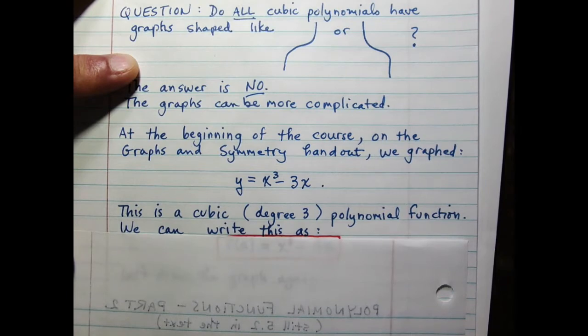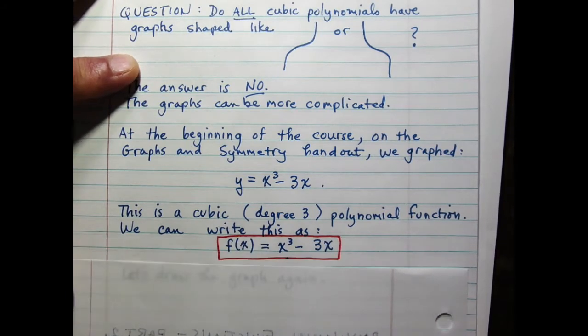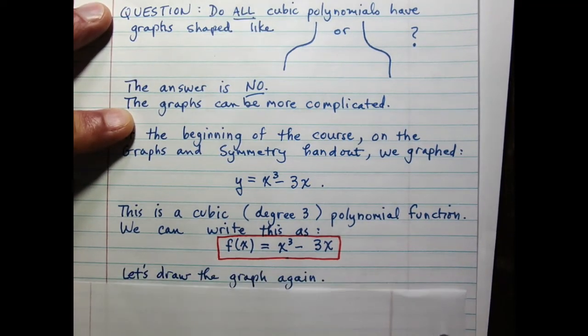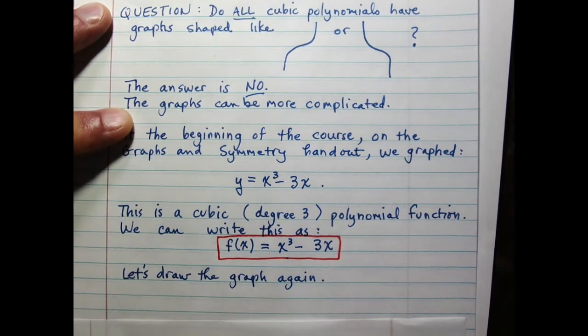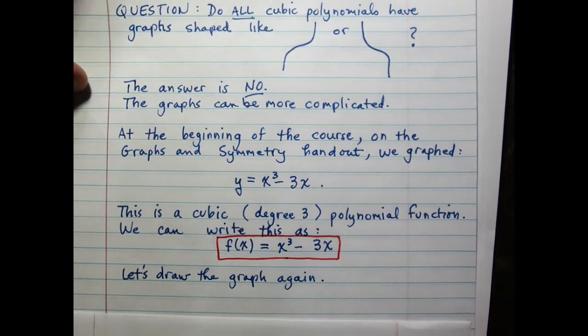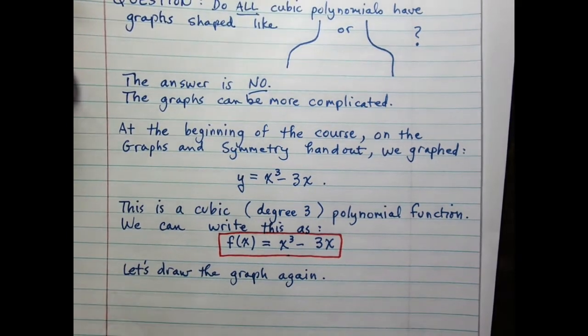We didn't call it that at the time, but now we can write it using function notation as f of x equals x cubed minus 3x. And what I want to do is draw this graph again. I'm not just going to say we already know it because it was a couple weeks ago. I think it's worth going through these steps again. So we're going to start from a sheet of graph paper here.